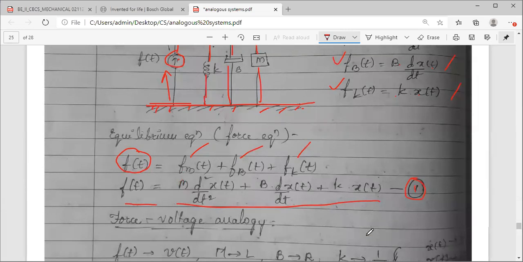Now coming to force voltage analogy. In force voltage analogy, again refer to the table.